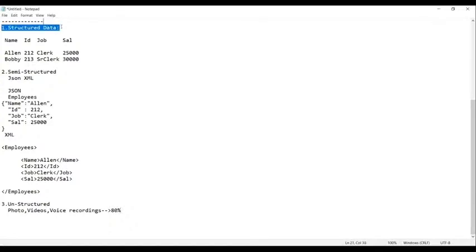Only in the 20% will you get structured and semi-structured data. That's it. Only 20% will you get, whereas 80% will be unstructured. It does not follow any kind of structure. Getting my point, everyone?